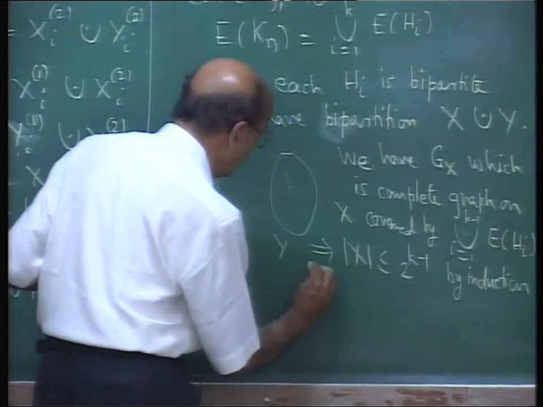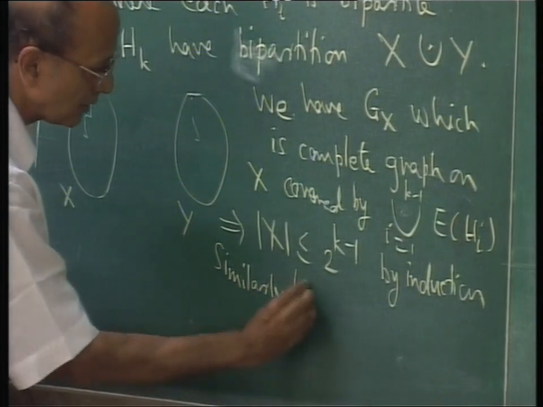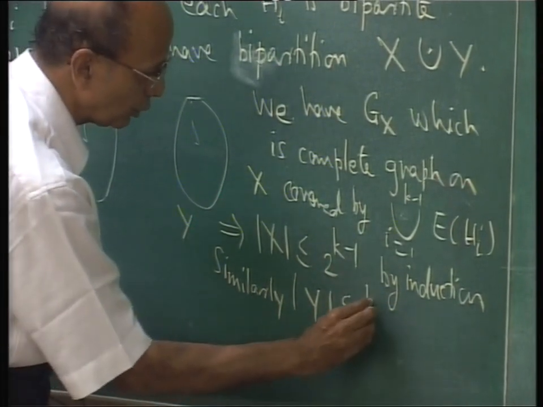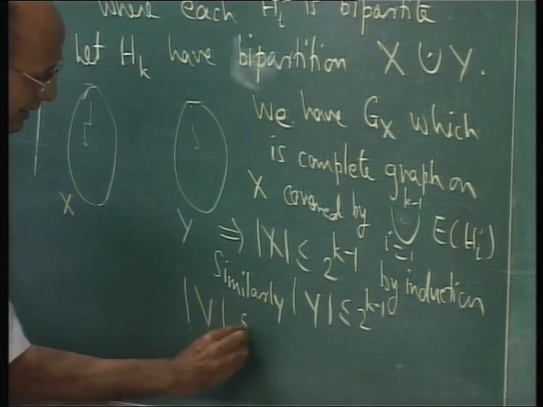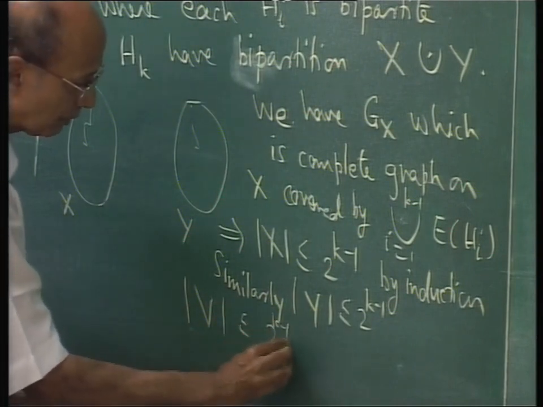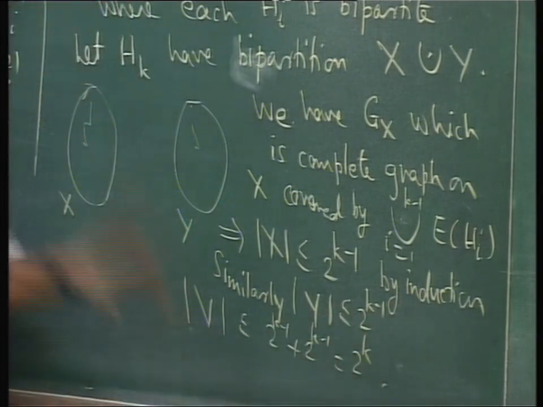Similarly, the size of y is also less than or equal to 2 power k minus 1, and therefore the size of v is less than or equal to 2 power k minus 1 plus 2 power k minus 1, which is 2 power k. So this is the best that one can get.